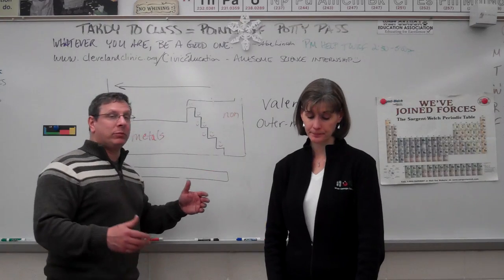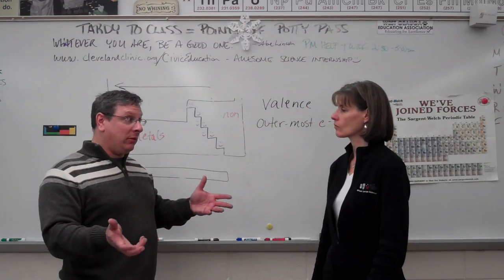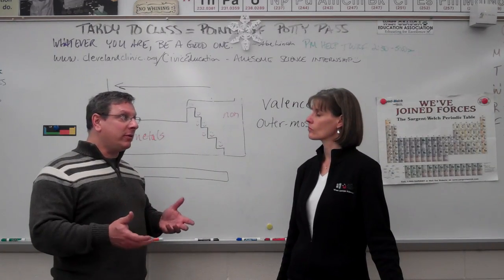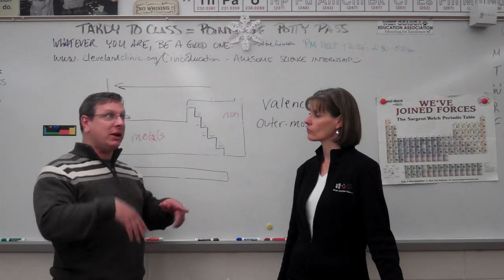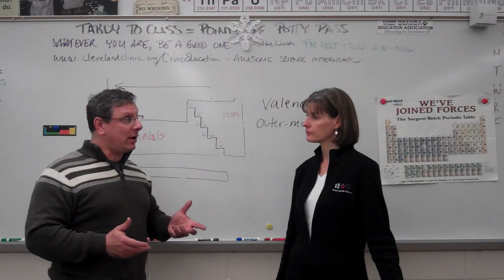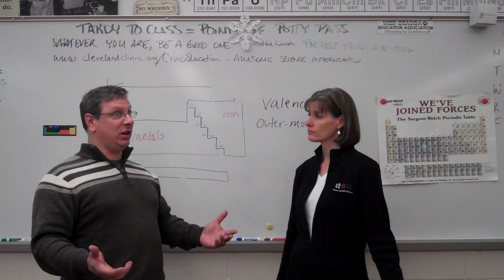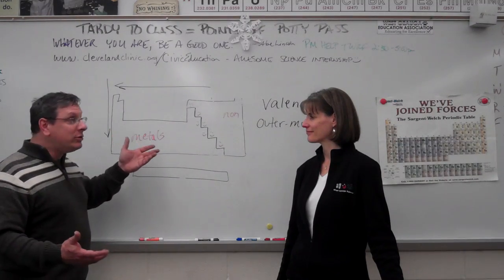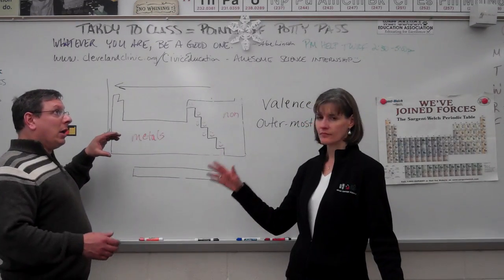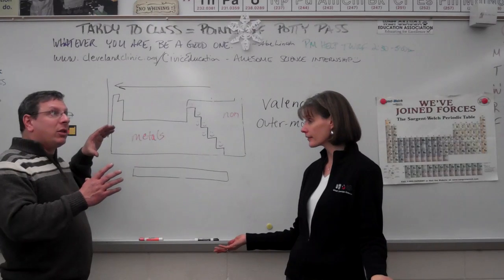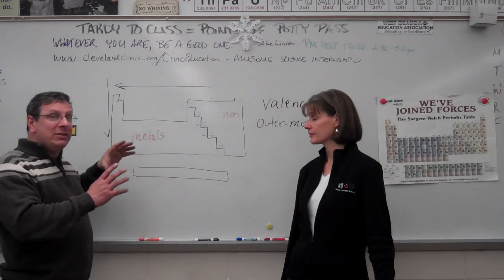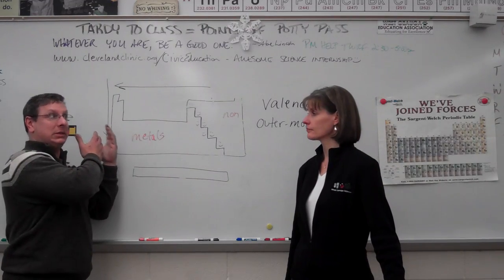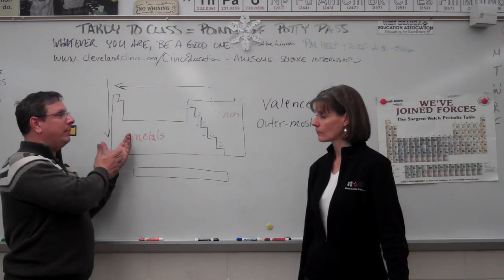So atoms in general are happy being neutral, but some of them give up their outer electrons at just a little whisper. Where are those elements? Well, where are those that react? Those elements that like to give up electrons have to be over here, because metals form cations.